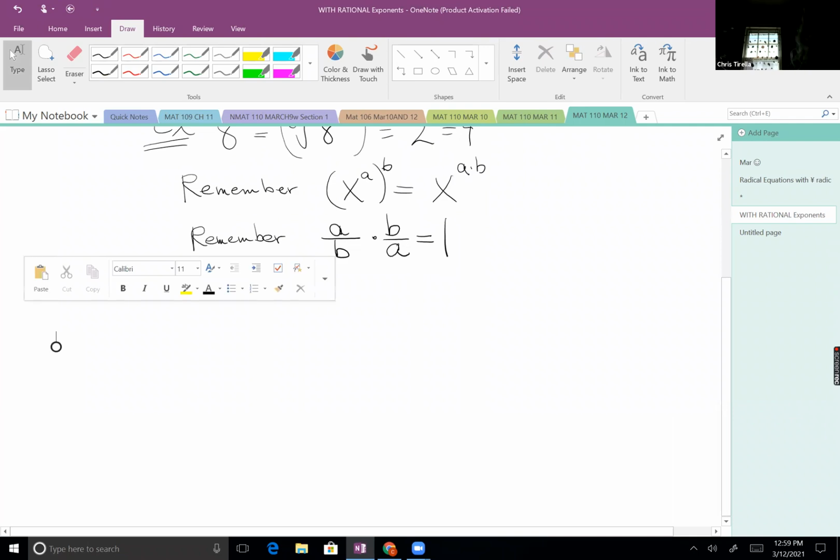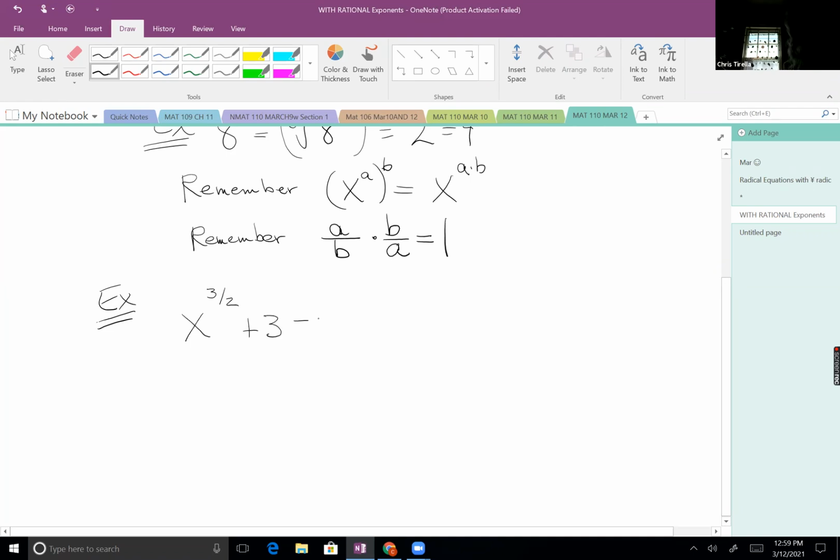So let's look at an example and see if we can summarize what we need to do to solve it. Let's say I have x to the 3/2 plus 3 equals 30. The first thing that I want to do is isolate the expression with the rational exponent.